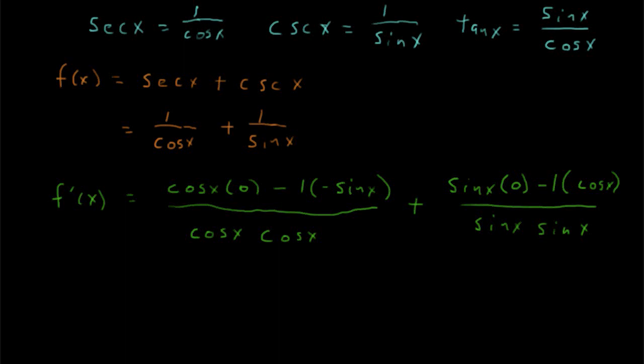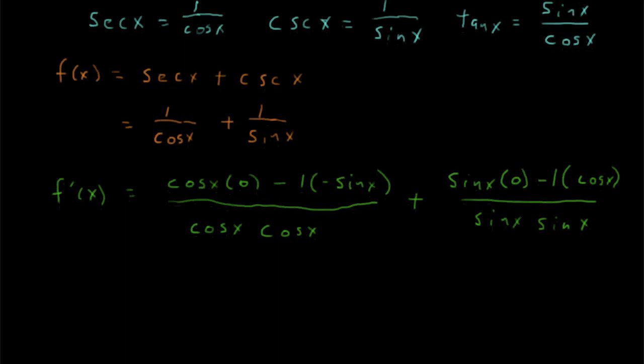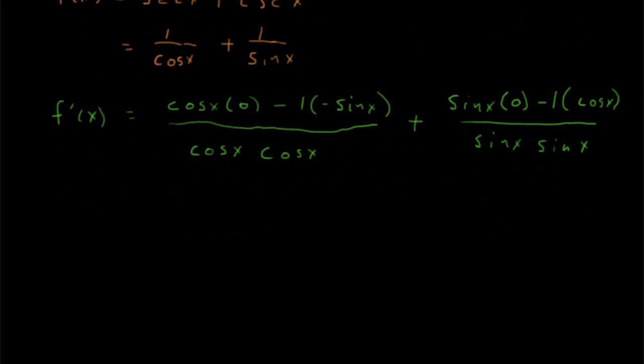Okay, let's simplify what we have. We have cosine of x times 0, that's 0. And then we have minus 1 times minus sine x, that would be positive 1 times sine x. I want to keep the 1 in, and you'll see the reason for that in a second.